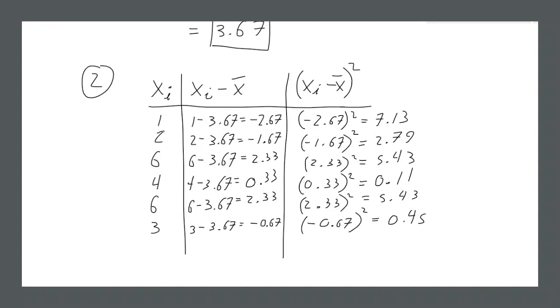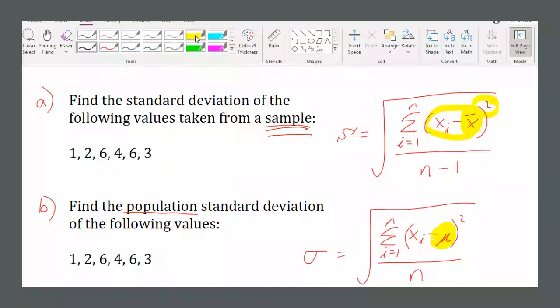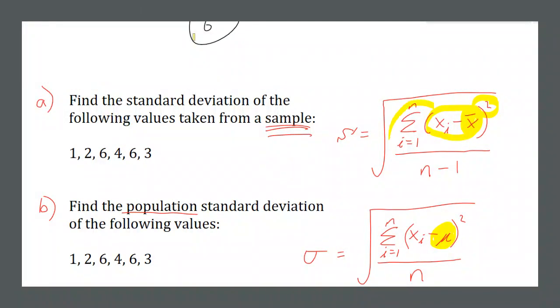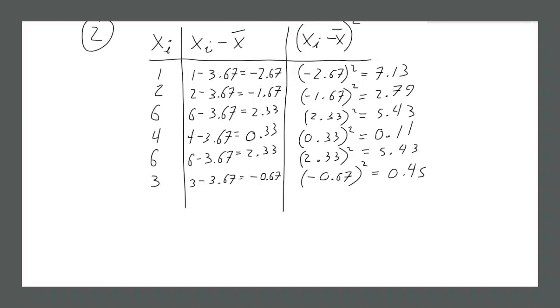So now that we have all of our squared differences, the next step is to add them all up. That's the next step in the formula. Add up all of those squared differences. So we just add them all up. And that's going to be the sum of that last column here.